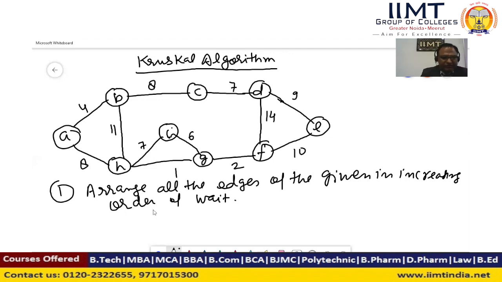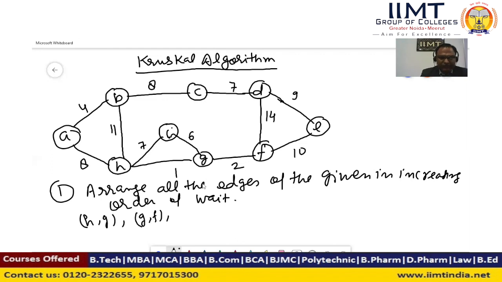We can arrange it like this. We have the edge h comma g that has the minimum weight, that is 1. After that we have another edge, g comma f, having weight 2. Next, is there any edge with weight 3?